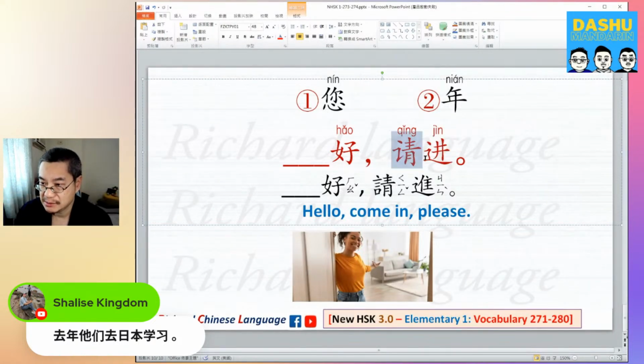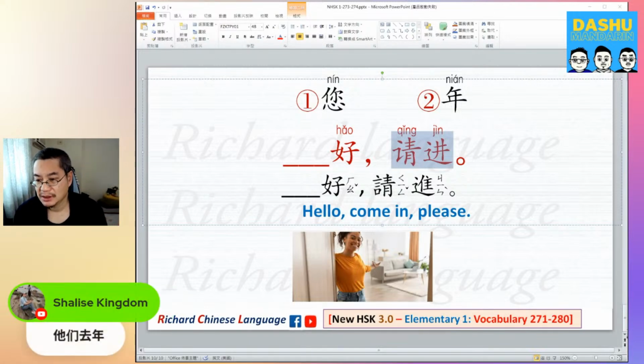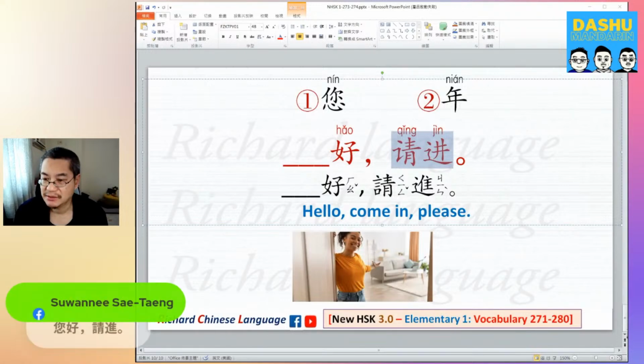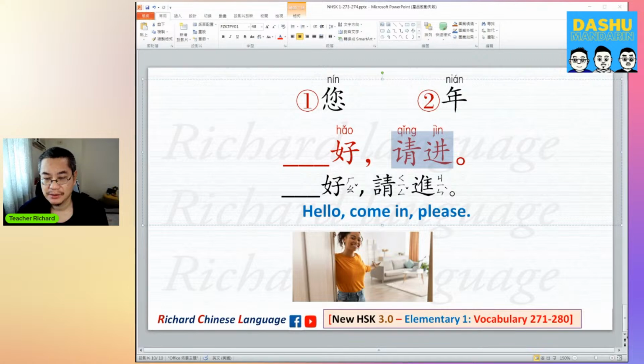So what's the answer? 您好请进. Yeah. So you are talking to someone you respect. 您好请进. Very good. For example, if a teacher is coming into the house or the room, then you can say 您好请进.